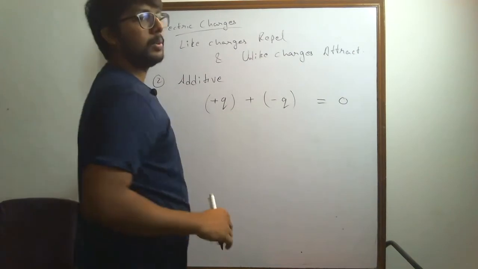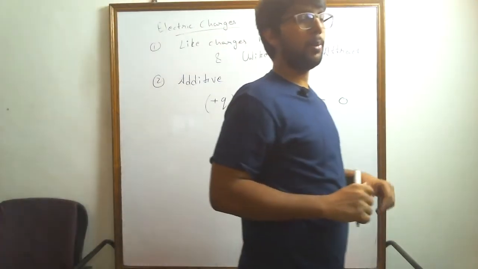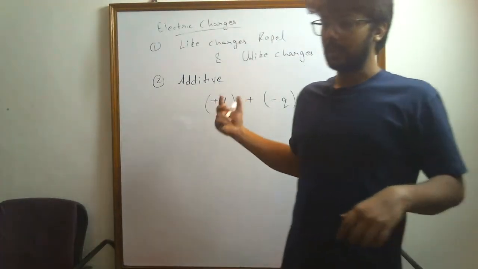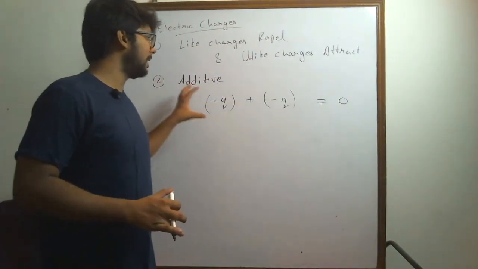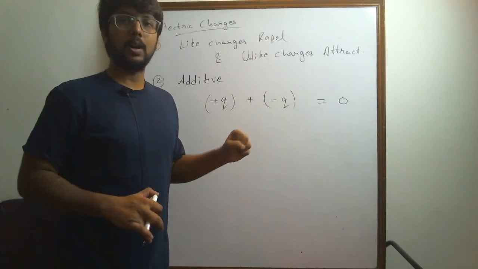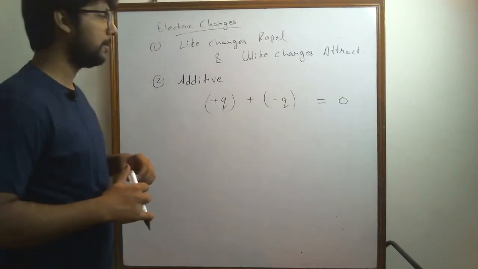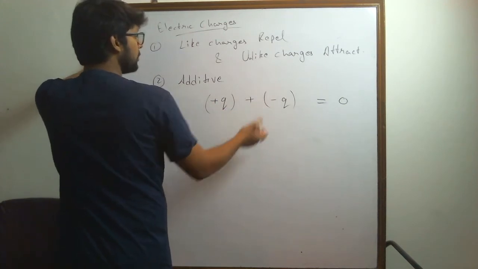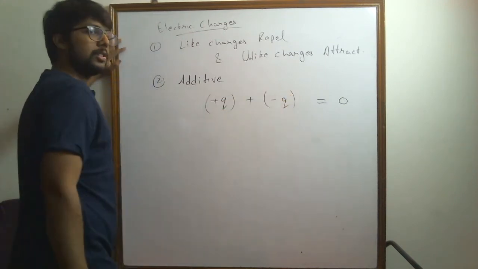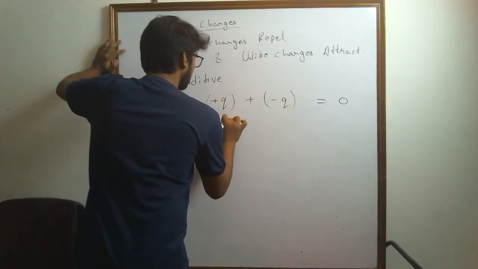That means there will be no charge on that body after we do this transfer. So additivity is simply the addition of these charges on a body, right? Similarly, if this was positive charge, the total charge on this body would become 2Q.